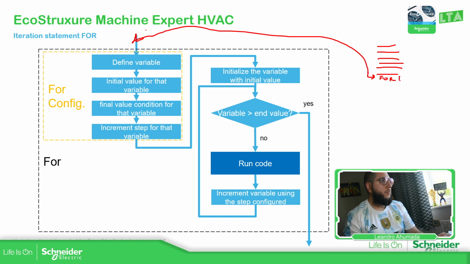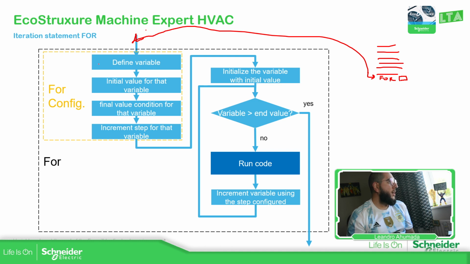In the FOR, we have a few things that we need to initialize. We need to define a variable, the initial value for that variable, the final condition for that variable to finish the FOR, and then the increment step that we want for this variable.